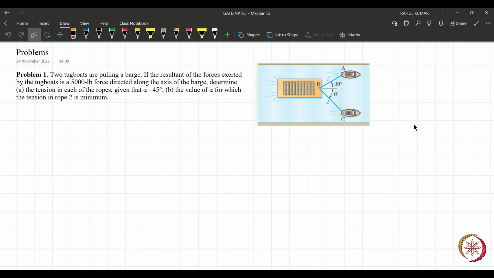Has somebody got an answer? So solving part B. Okay.